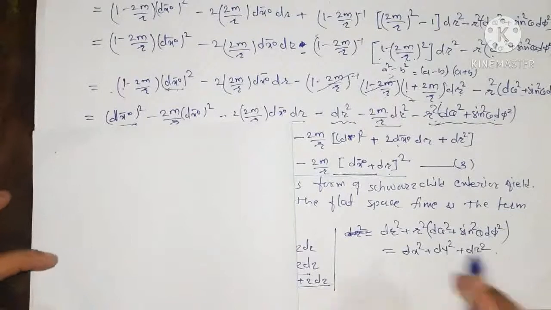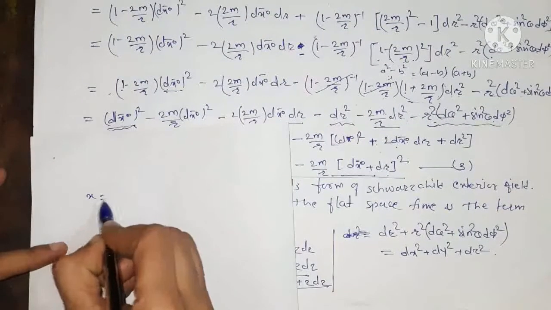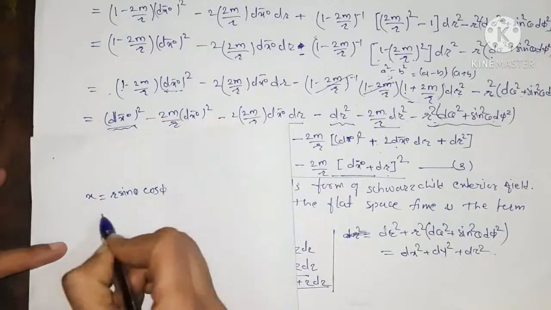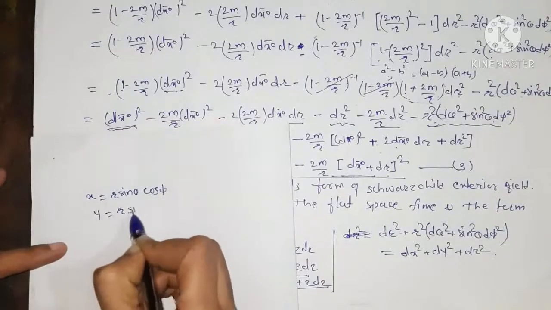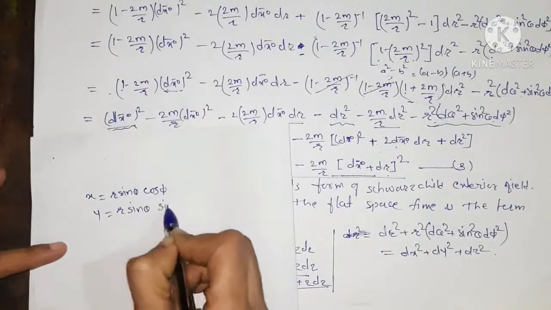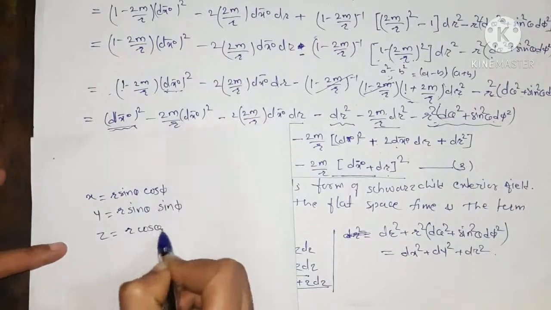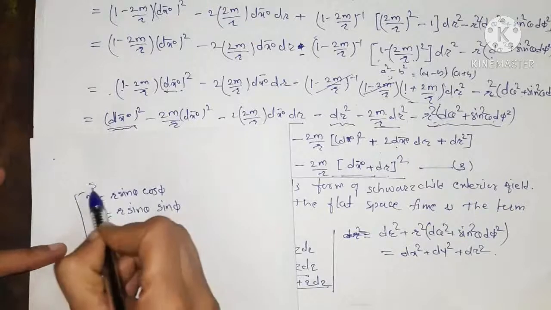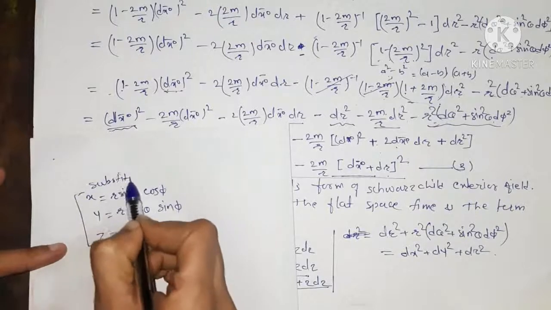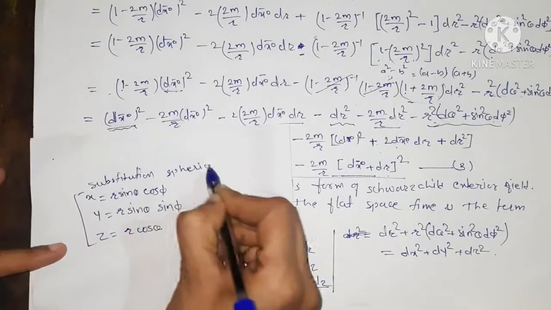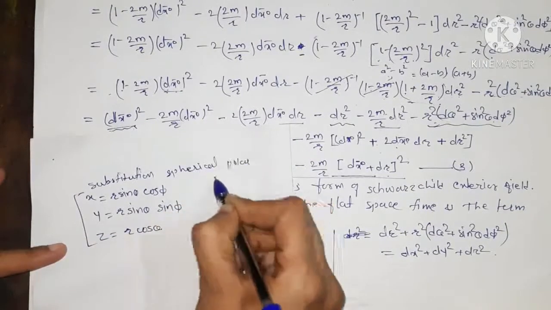This term is obtained when we substitute x equals r sine theta cos phi, y equals r sine theta sine phi, and z equals r cos theta. This is the substitution for spherical polar coordinates.